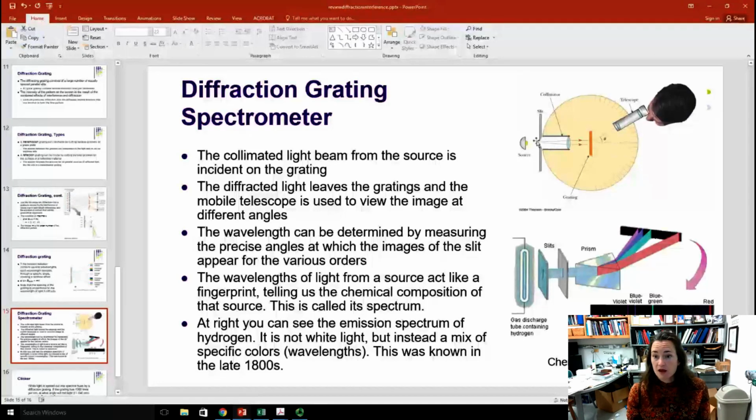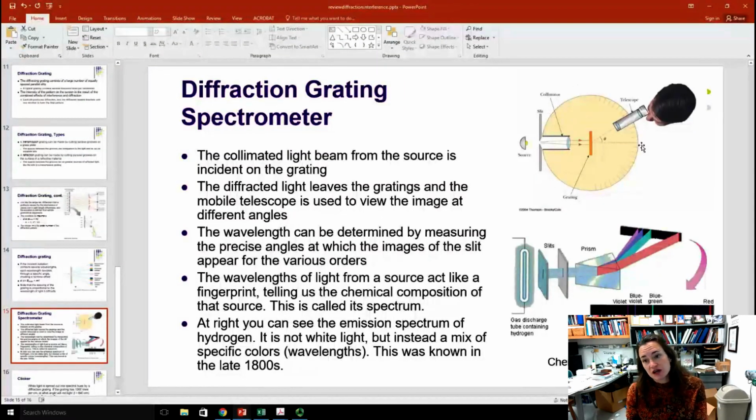Okay? So here you go, you have your source, it goes through a slit to collimate the beam to make sure all the light rays are parallel, and then you might have a lens in there to focus the light on your grating. And then from there, the grating diffracts the light to some angle. So you can use a telescope or a screen or maybe some sort of cylindrical device here to project the light.